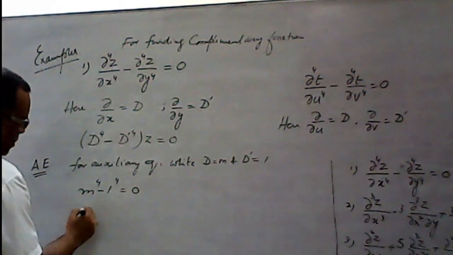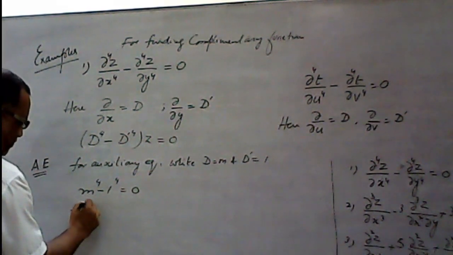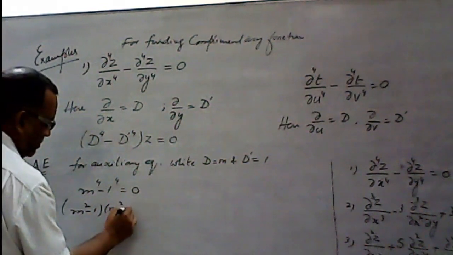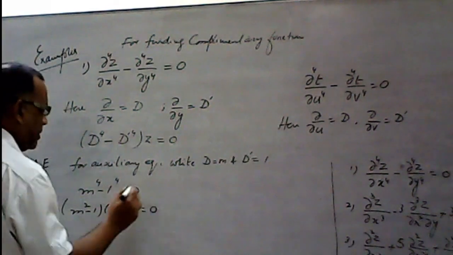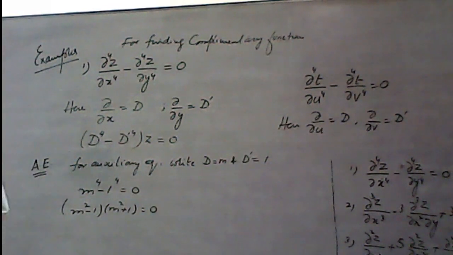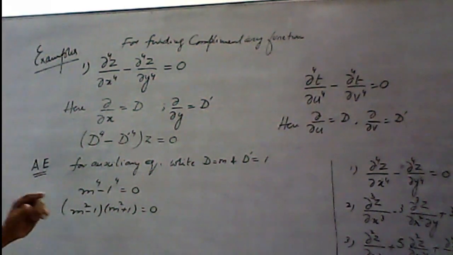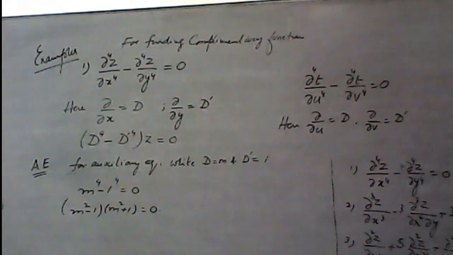So now we need to find the values. If you remember, I told you in higher order ODE that there is no restriction on the method. You can directly write the answer and you can use your scientific calculators for writing the roots of the given equation.